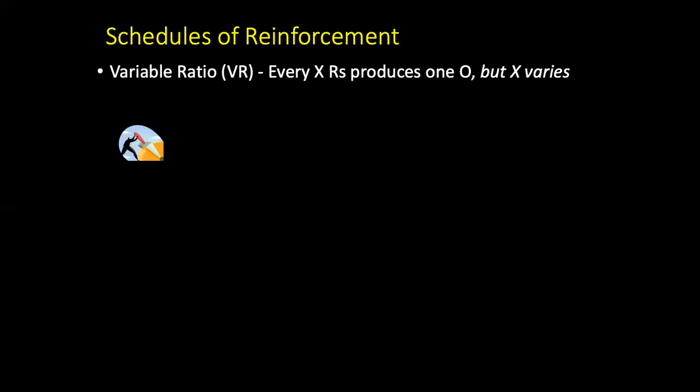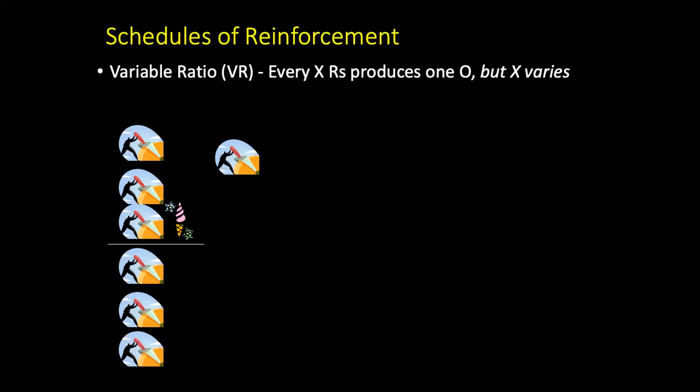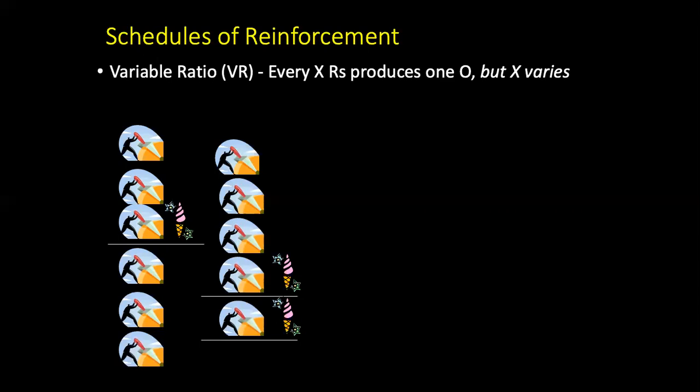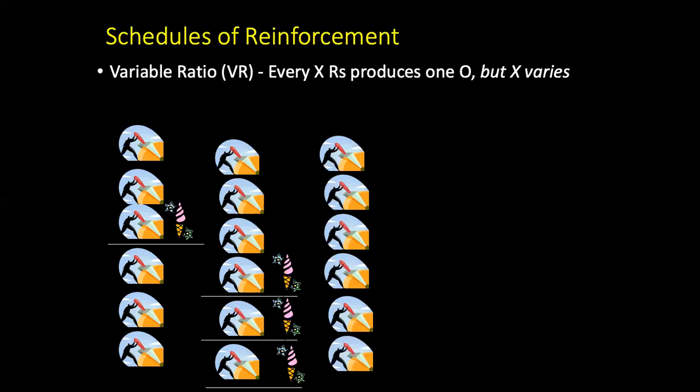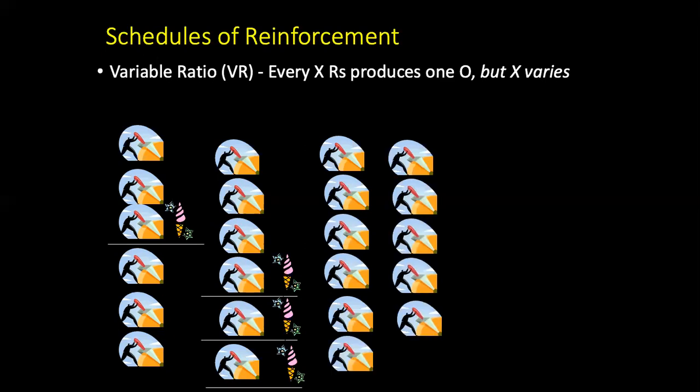So let's look at our same situation here, pulling a lever to get an ice cream cone. All right, here on the 3rd time, got an ice cream cone. Oh, now it took 7 times before we get an ice cream cone. Oh, next time, ice cream cone. Oh, ice cream cone again. Keep working, keep working.